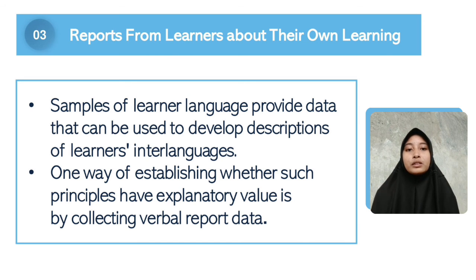For example, we might discover that even advanced learners of English continue to omit third person -s from their production from time to time, whereas they more consistently add -ed to mark regular past tense forms. But this is an inference and we cannot be sure. One way of establishing whether such principles have explanatory value is collecting verbal report data.